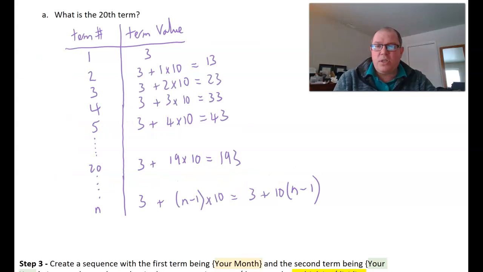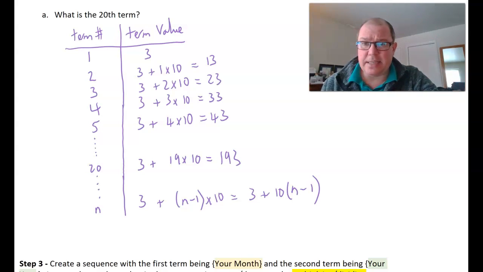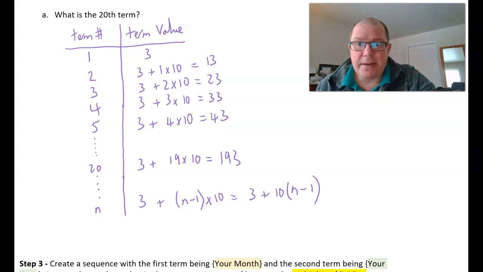So when I'm thinking what is the 20th term, I want to find a really good pattern. And this is how I did it. I started with 3, and then I know I have to add one lot of 10 to get the next one, 13. To get the next one, I start with 3 and I add 10 twice, so 2 lots of 10. And that takes me up to 23. Now this makes sense. Look, you start with 3 here.